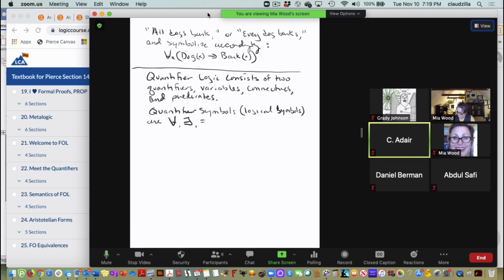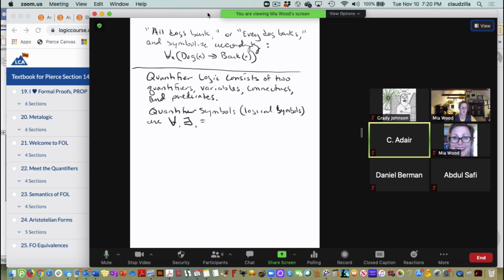Just as a note, because our textbook is designed with the standard keyboard in mind, a standard keyboard for the cell phone, a standard keyboard for a tablet, even a standard keyboard for a laptop or a tower, which means that the upside down A and the backwards E are not easy to get at.